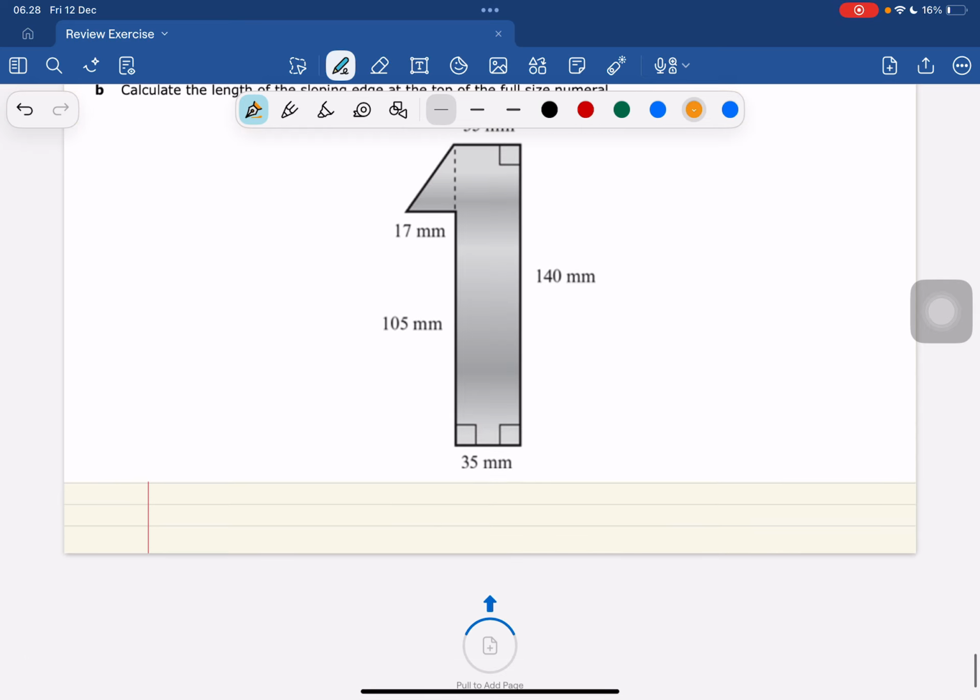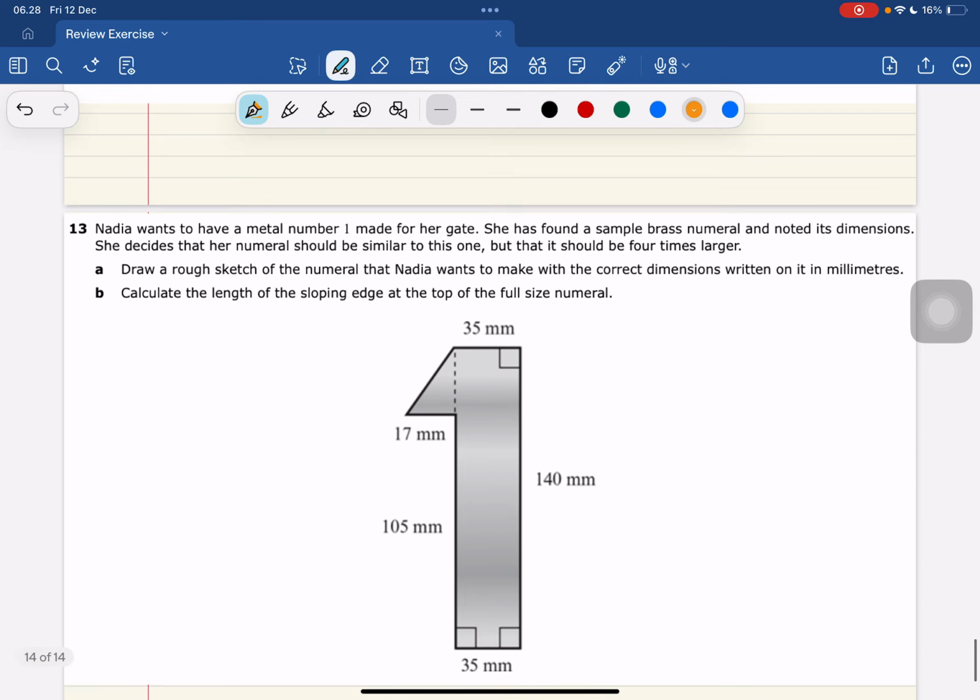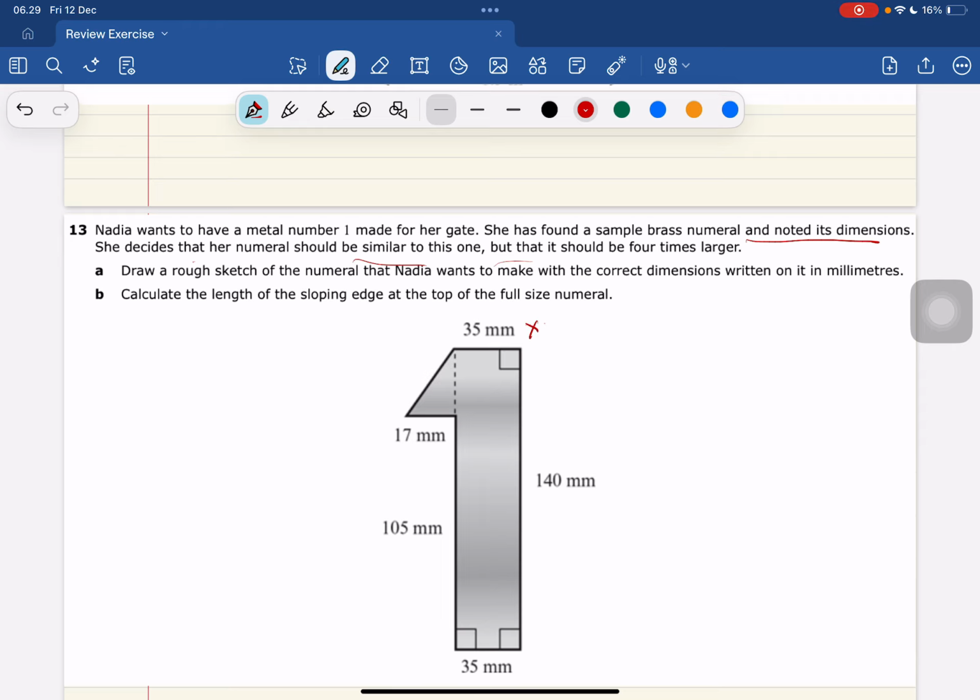Now 13. Nadia wants to have a metal number 1 made for her gift. She found a sample brass numeral and noted its dimensions. She decides that her numeral should be similar to this one, but 4 times larger. So all of the dimensions we multiply by 4.